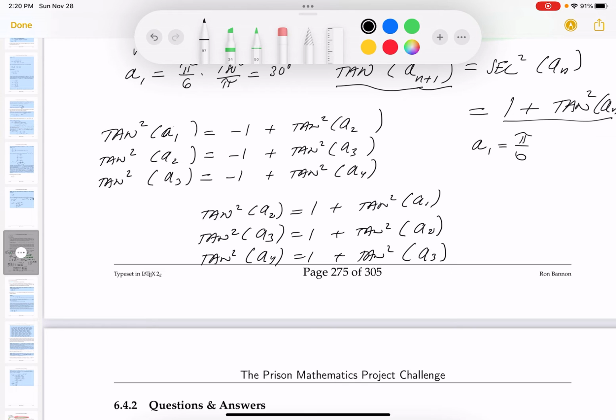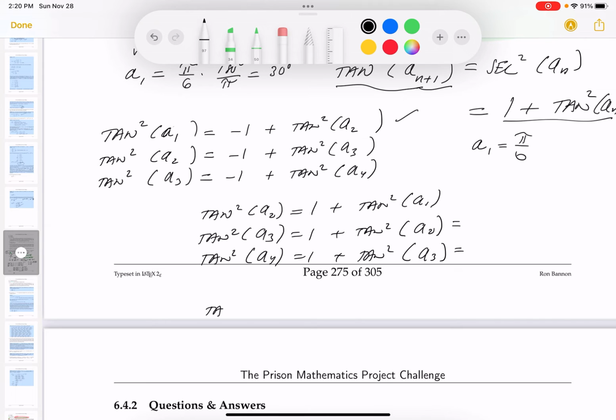I'm seeing something recursive over here. And by seeing something recursive, I could probably write a general statement down. But I got to be careful. Make sure I wrote the right thing down. Let me just take a look. Did I get the first line correctly? Tangent squared A2, 1 plus tangent squared A1, tangent squared A3, A2, A4, A3. Yeah, I think so. But I got to see if there's a pattern to it, other than the pattern I've written down.